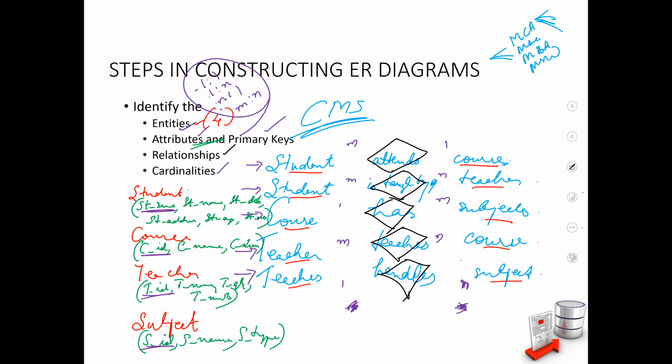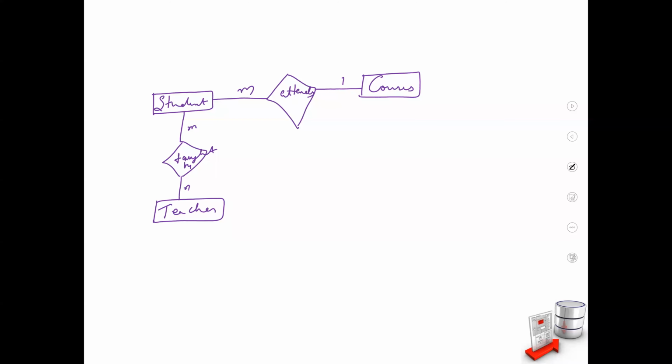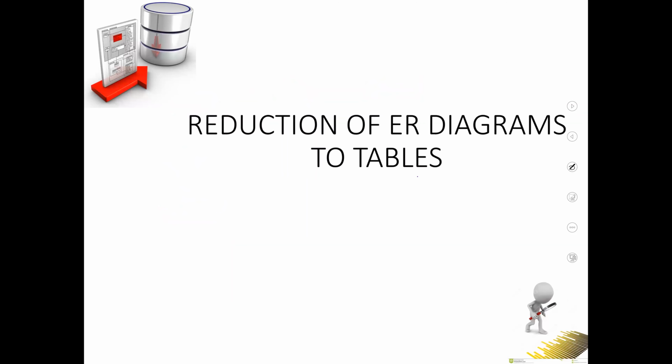What is the third one I've written? Course has subject, 1 is to N. Okay, course has subjects. It is a 1 is to N. And I do have one more.